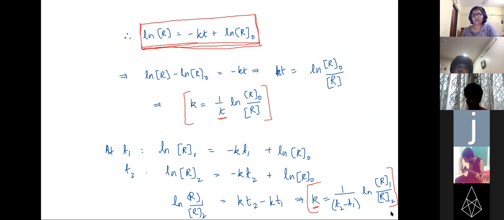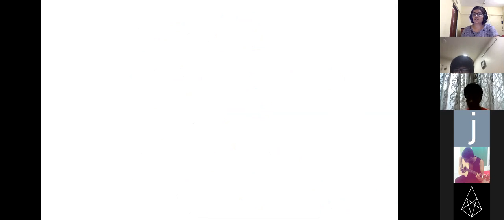Now, further analysis, let's go back to our initial equation, which is ln R equal to minus Kt plus ln R naught. Now, if I were to plot the graph, if I compare this with y equal to mx plus c, what sort of a graph will this form?